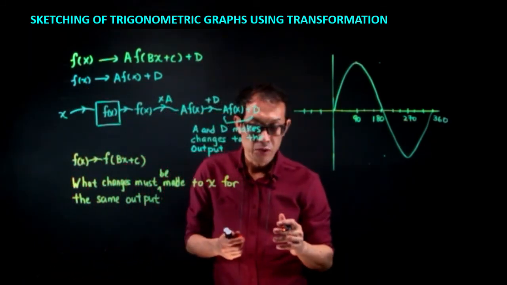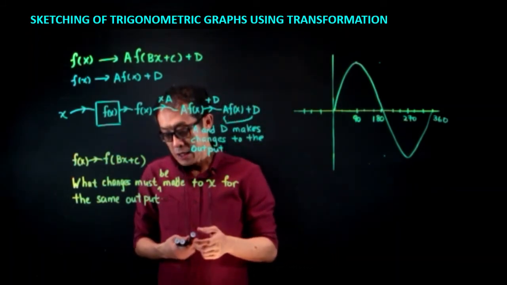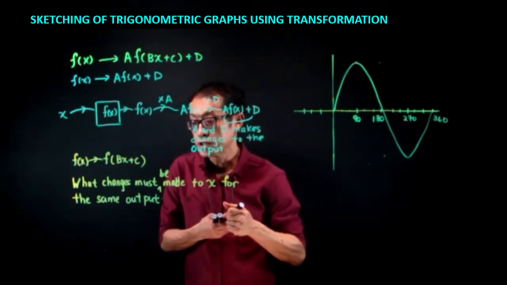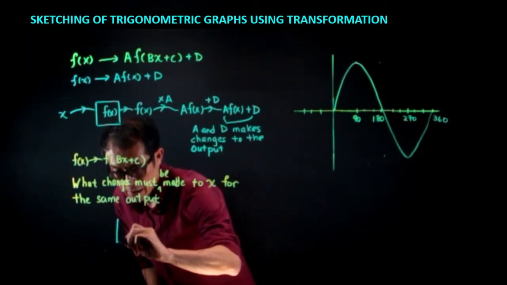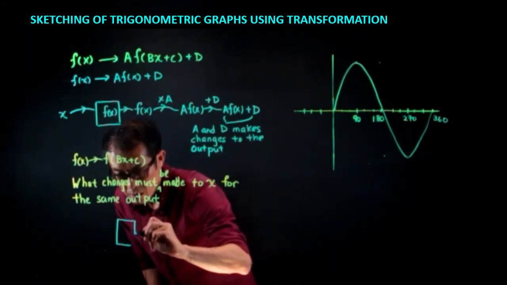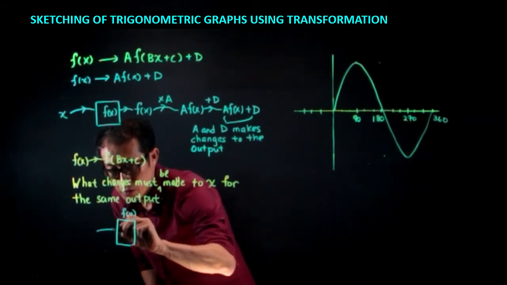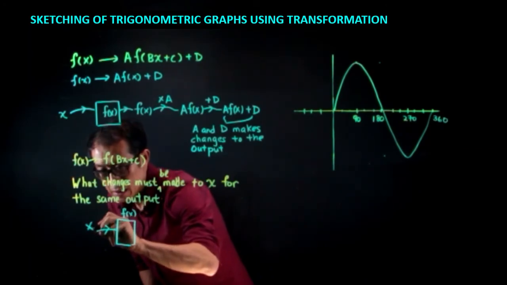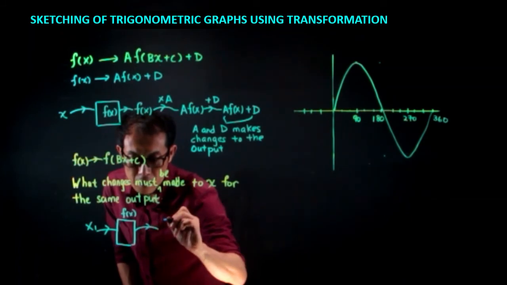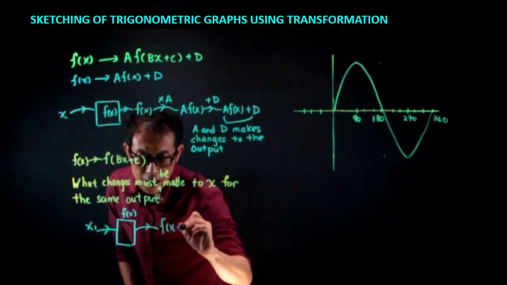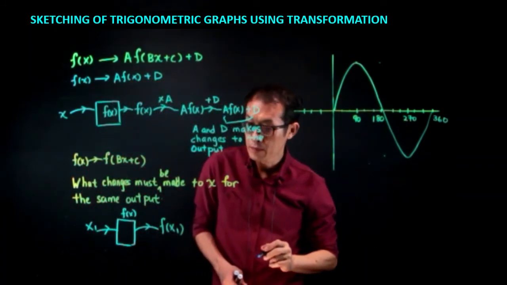Now let me illustrate what I mean by that. Let's say you have a function f of x. I put x1 inside, and what comes out will be f of x1.